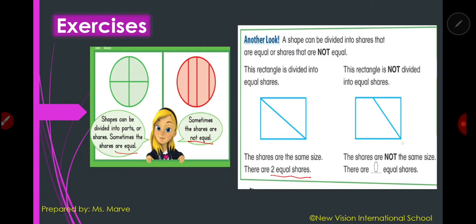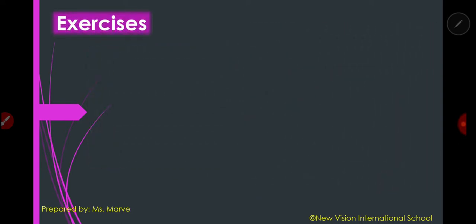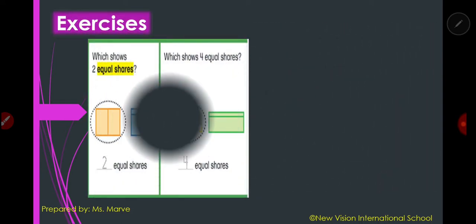And the other square, the shares are not the same size. So if the sizes are not the same, automatically you will answer here 0 because there are 0 equal shares. Okay? So let's have another example.